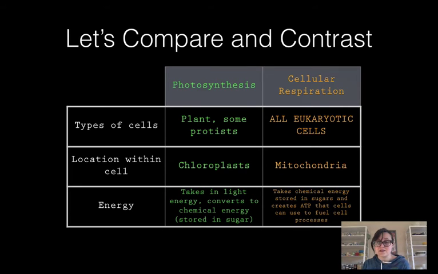In plant cells, the sugar coming in came right from the plant. Animal cells and some protist cells are consumers. They take the sugar, that stored chemical energy that a plant made, and use it to create their own ATP energy.